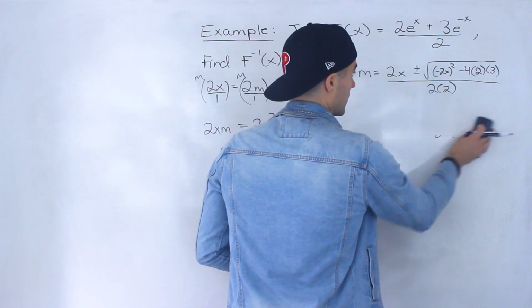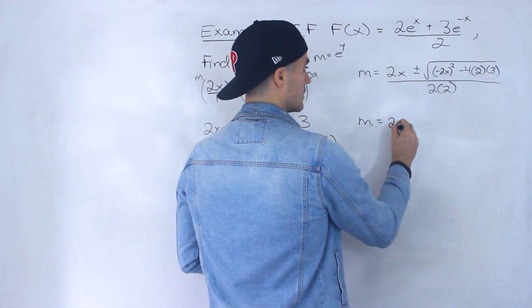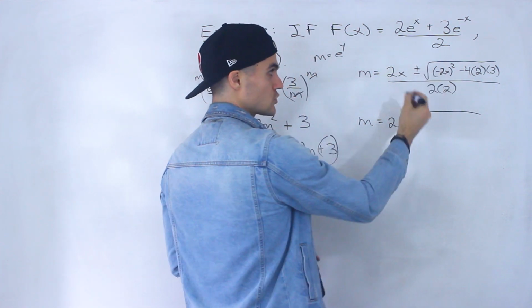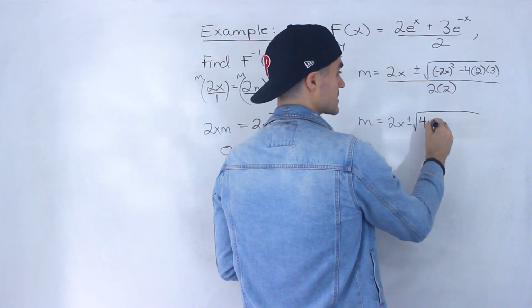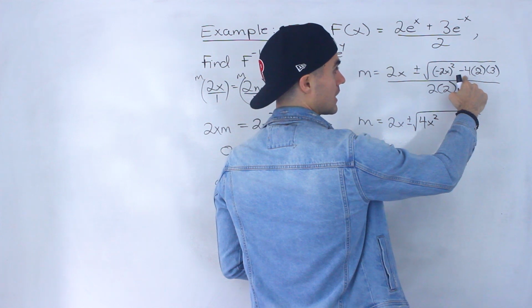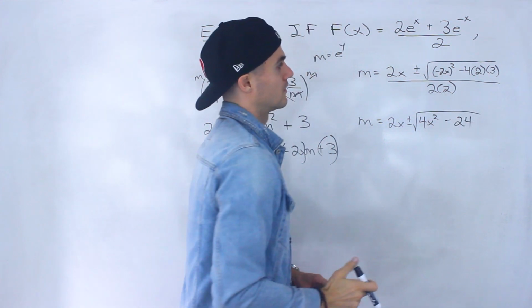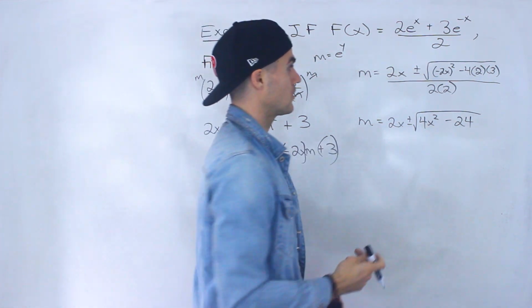Okay, and so now what we got to do is simplify this here. So what would happen is, inside the square root, negative 2x squared, the negative 2 has to get squared, which would give us 4. The x has to get squared, which would give us x squared. Minus 4 times 2 times 3 gives us minus 24.